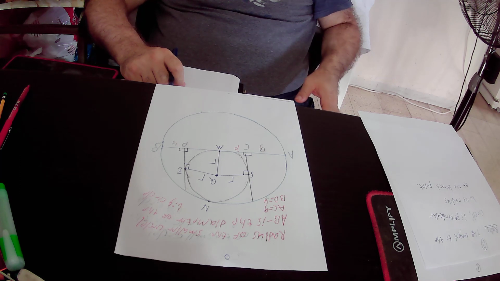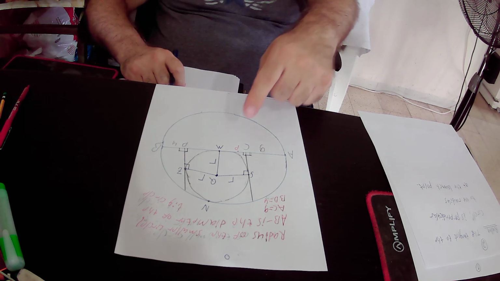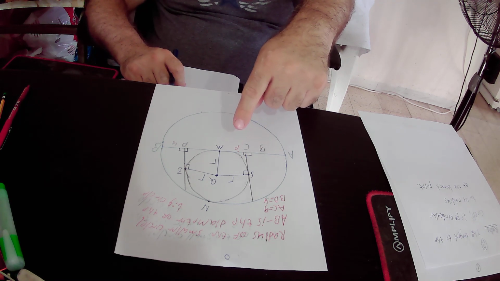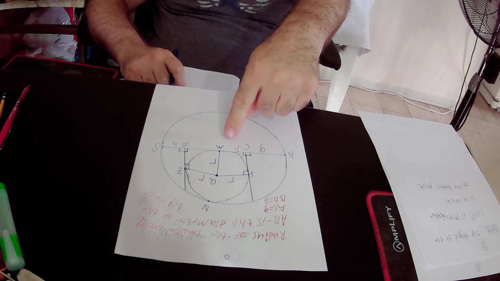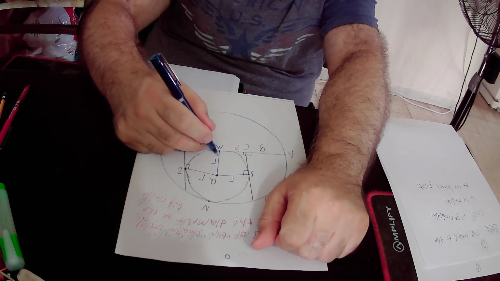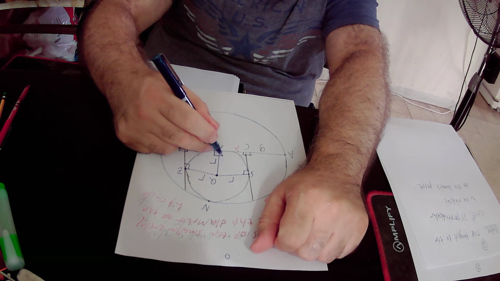It is exactly the same thing. And also we have the third radius that is drawn to the launch point, that is point M, therefore that radius is perpendicular to the tangent. This is a right angle and this is also a right angle.